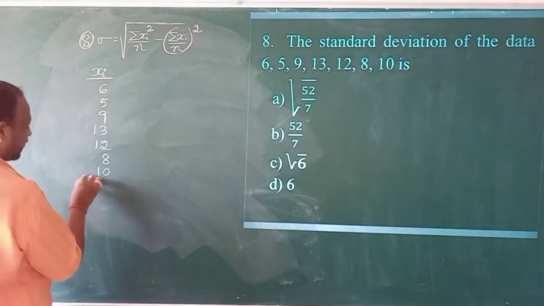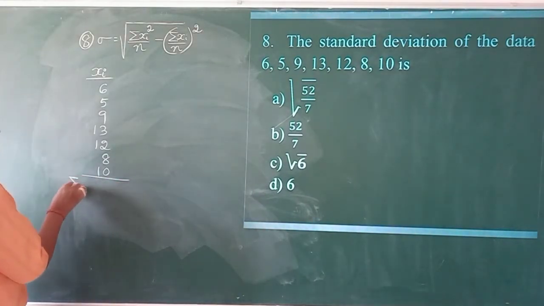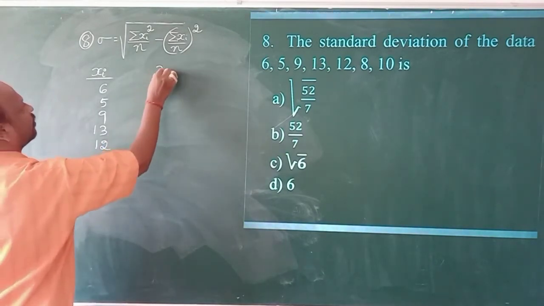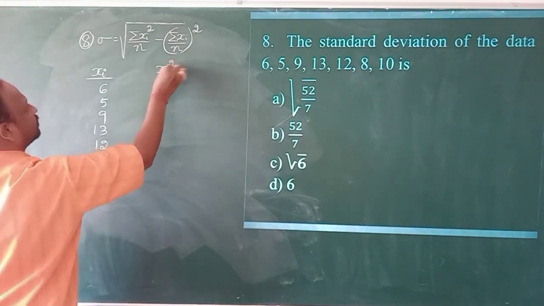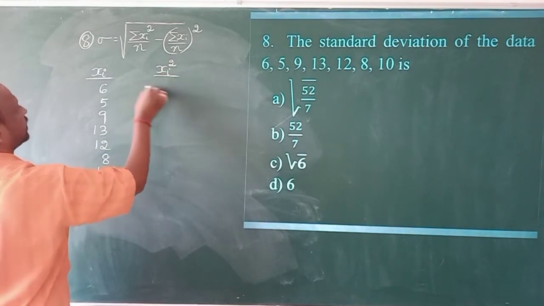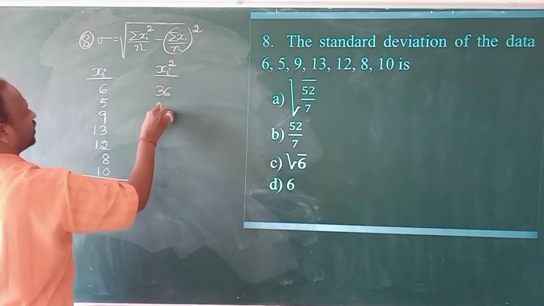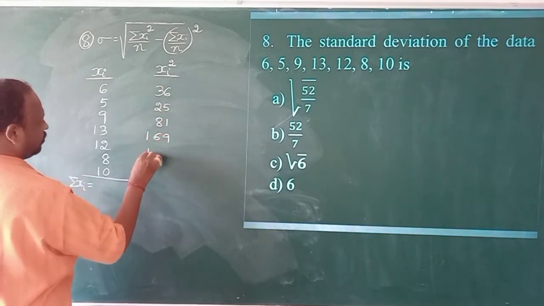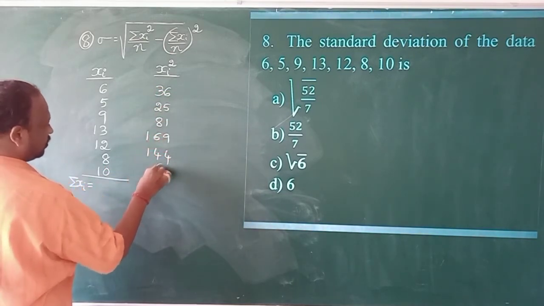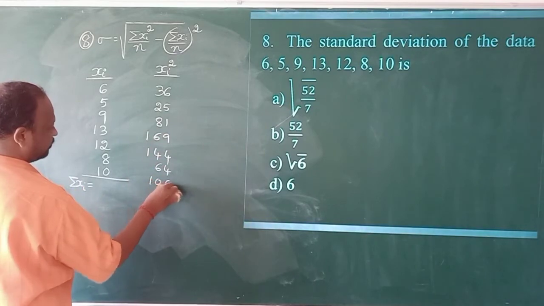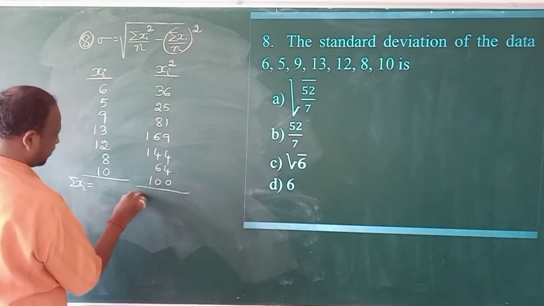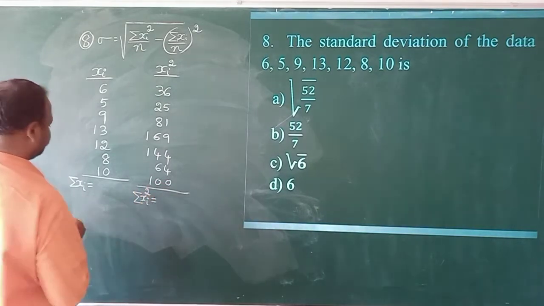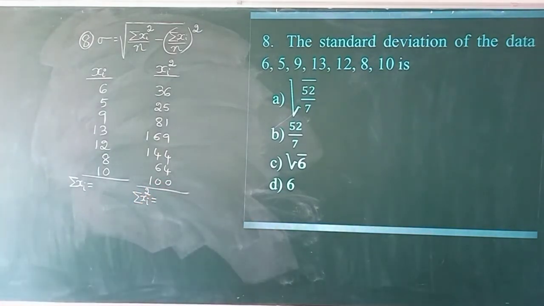You can calculate sigma xi and also make it square, that is 36, 25, 81, 169, 144, 64, 100. You calculate sigma xi and sigma xi square.